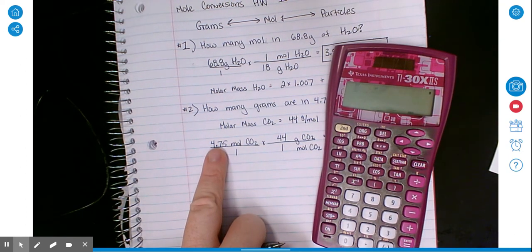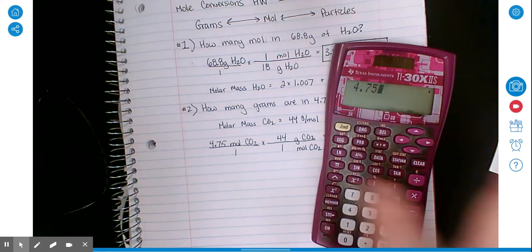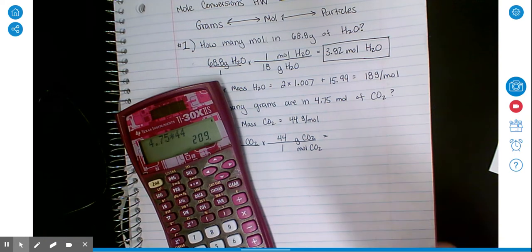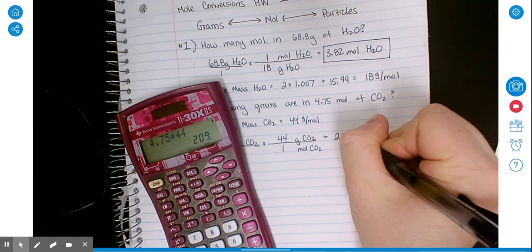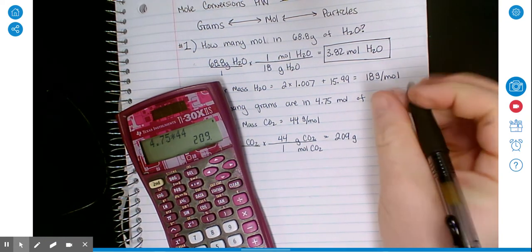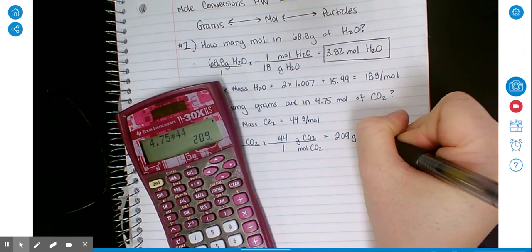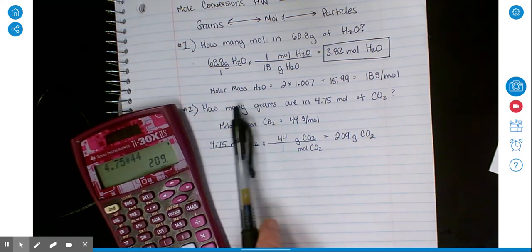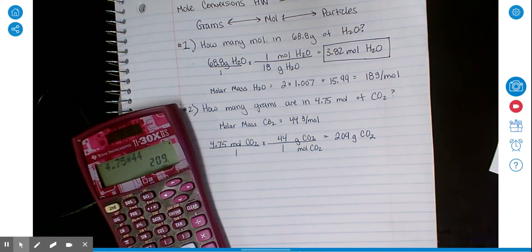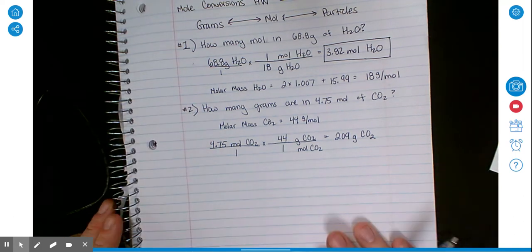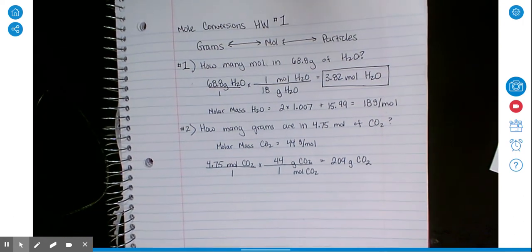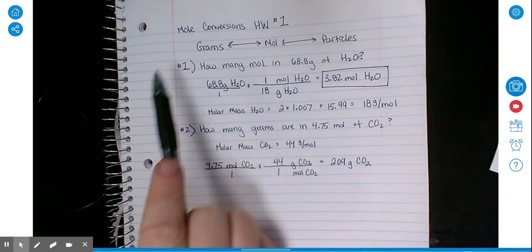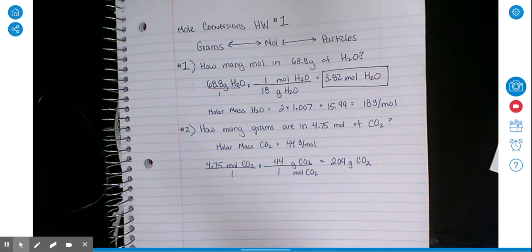And then use your calculator. 4.75, the 44 is on the top, so you multiply, and you end up with a total of 209 grams of CO2. Always a good idea to double check and make sure you answered your question. We asked about grams. We got to grams. We're good. Each of these were just one-steppers, going from grams to moles and from moles to grams.